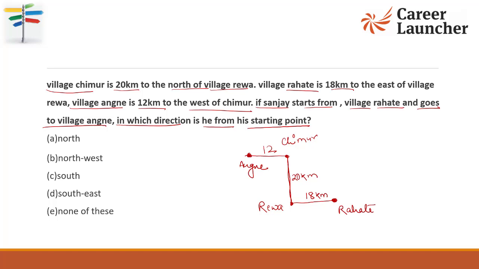Standing at Rahate, if you look towards Angne, this is the north and this is the west. So Angne is between north and west as far as village Rahate is concerned. So he has moved in the northwest direction. Our answer would be northwest here.